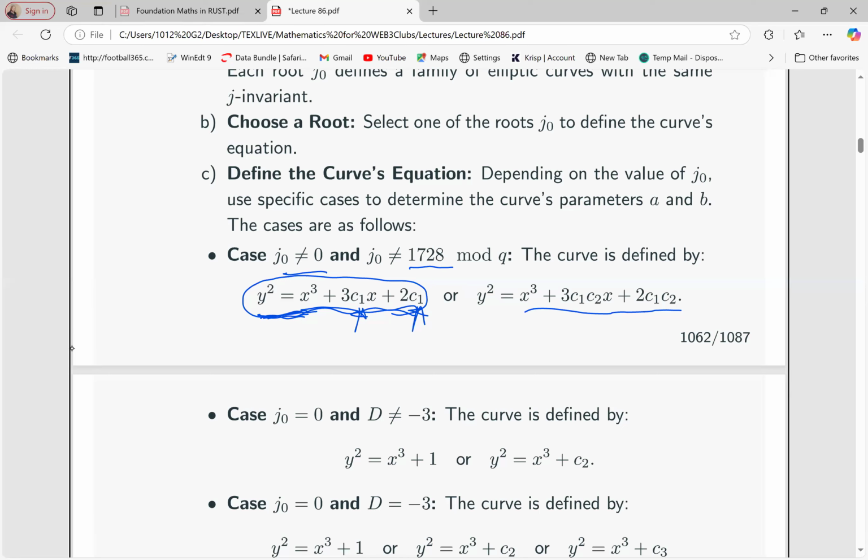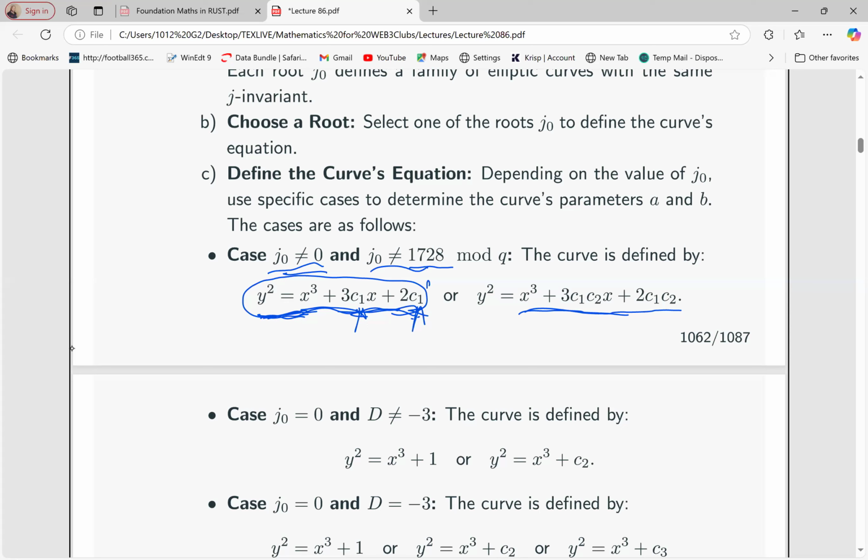Now, if you find that this one does not give you the number of points you want, try this other shape. What I'm saying is, if your J invariant is not equal to 0 and is not equal to 1728, then your curve must be one of these. It could be one of these. So you just try each one of them and see which one gives you the number of points you want.